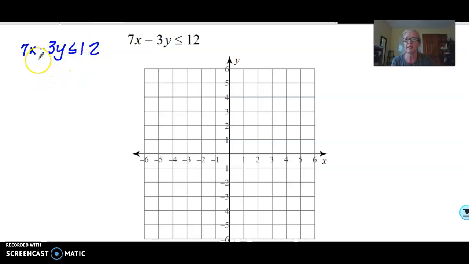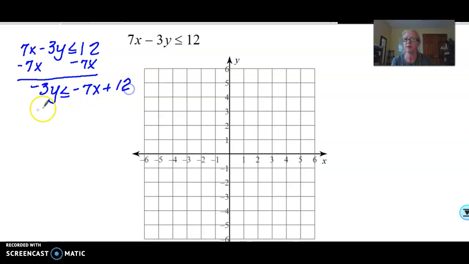We want to get y by itself on this side, so let's subtract 7x from both sides. And that gives us negative 3y is less than or equal to negative 7x plus 12, because that was a positive 12. And then we have to divide everything by negative 3. Now here's the thing. Remember that little rule about flipping the sign? That still holds even on these. So we're going to have to flip our sign here.